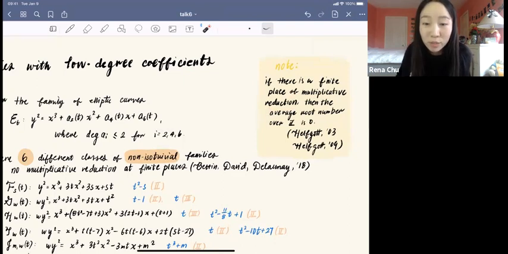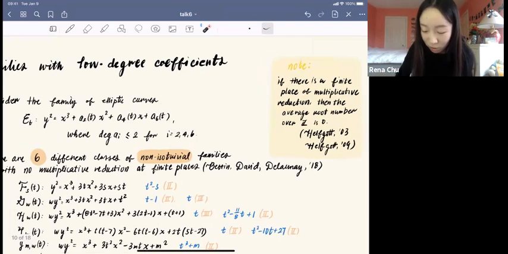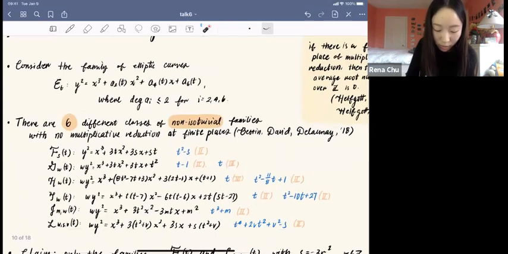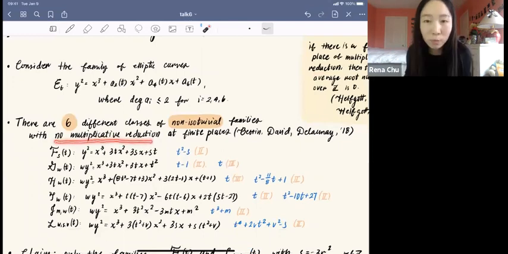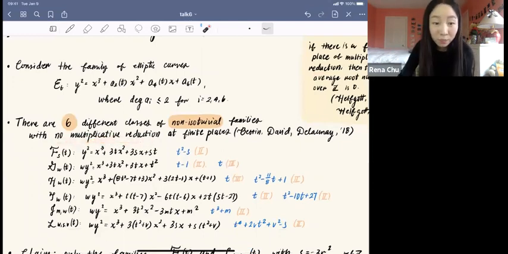So if the average root number is 0, that means the root number is not constant over the integer fibers. So this result helps us eliminate the case where the family has multiplicative reduction at a finite place. That's why we look at families with no multiplicative reduction at finite places.